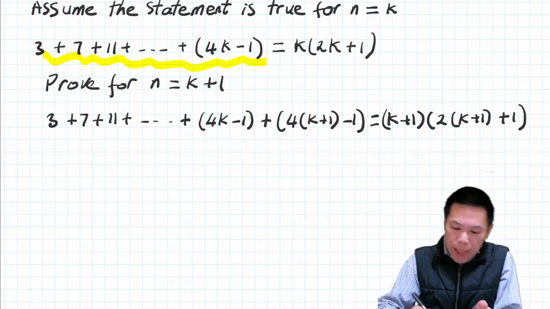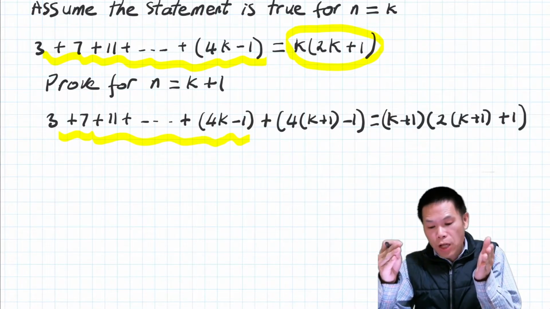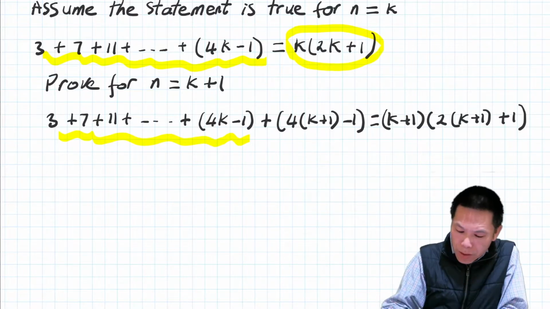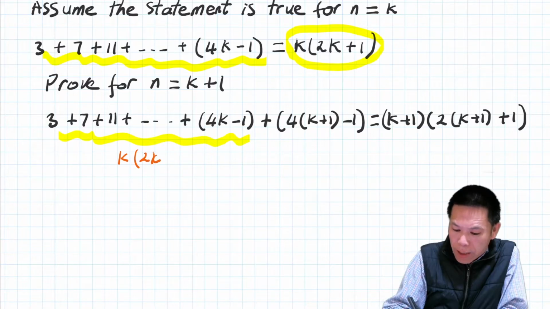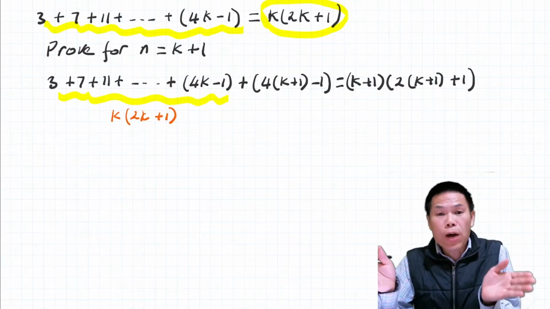Now on the left hand side, this one here is equal to this, which is k times 2k plus 1. So I just write that out. So this one here is k times 2k plus 1. Now I just write it out again.